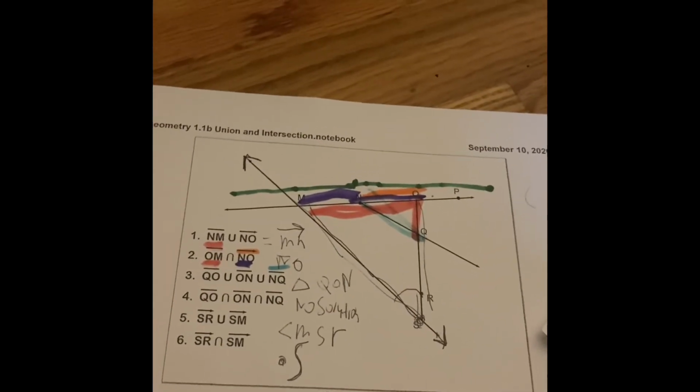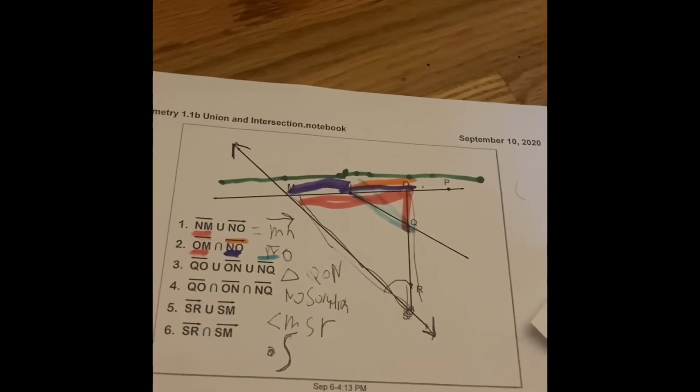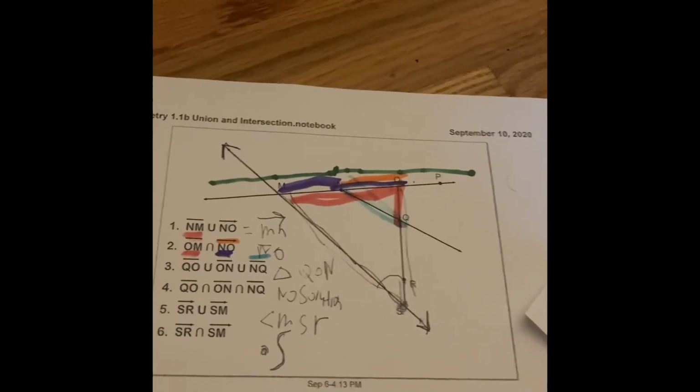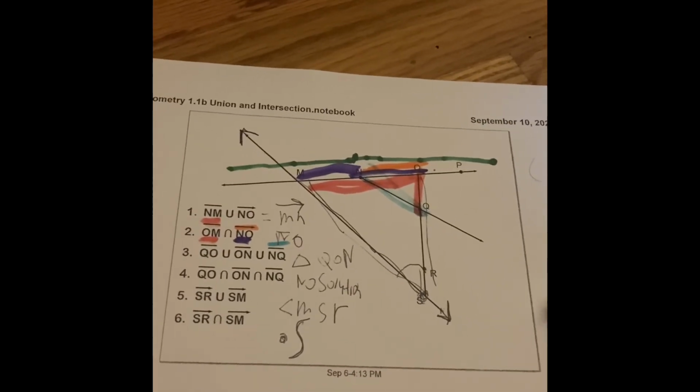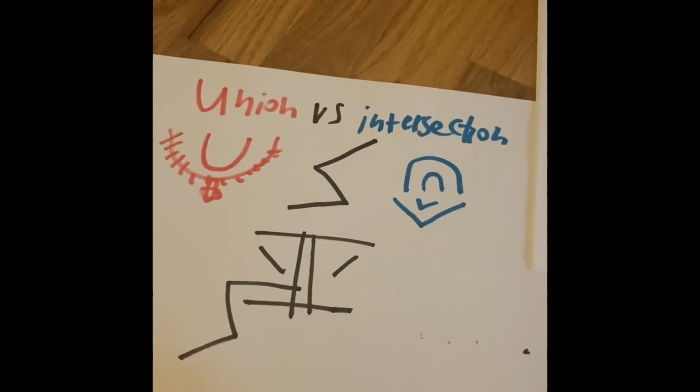So there are a lot of visuals in this video, and a lot of visuals in this type of math. Sometimes it can get confusing, but if you practice and practice, it'll get easier and easier. That is how we can use union versus intersection in geometry.